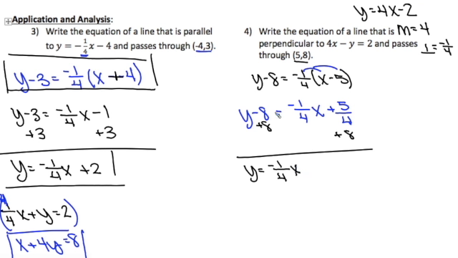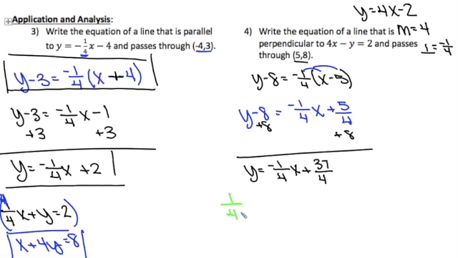And then that's going to leave me with y is equal to negative 1/4 x and 5 over 4 plus 8 is 37 over 4, which is the same as 9.25 if you wrote it that way. But the reason I left it as a fraction is because, and I doubt that you did, but if you put it in standard form and went one step further, I would have to add this 1/4 x to the other side.